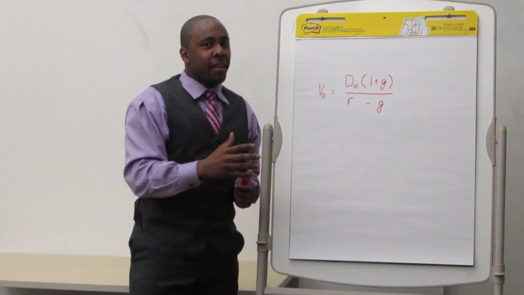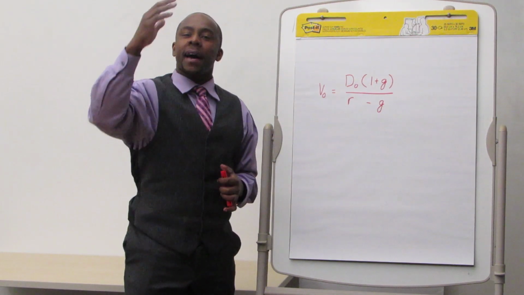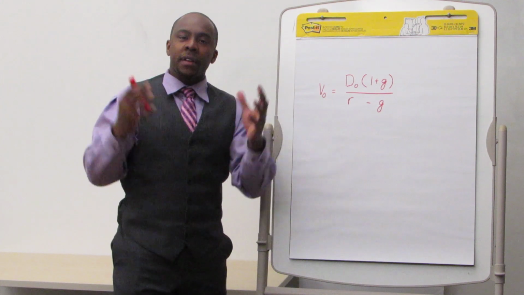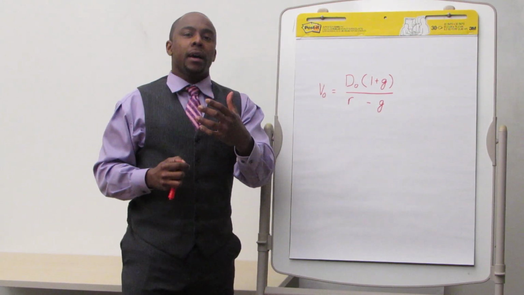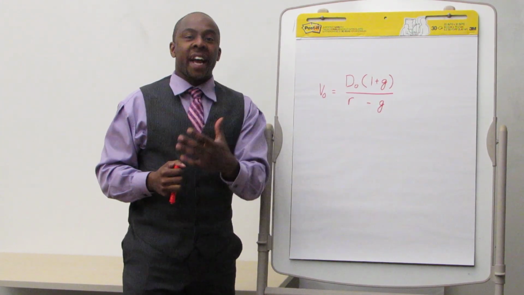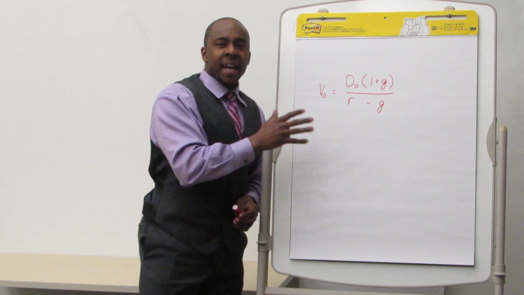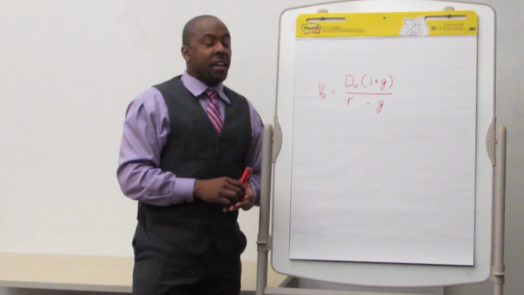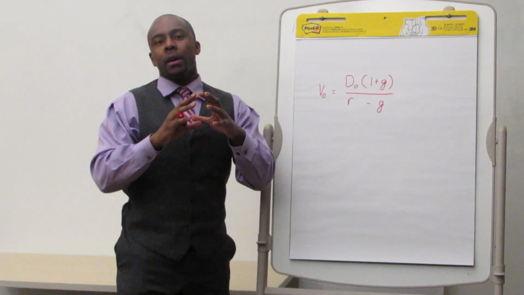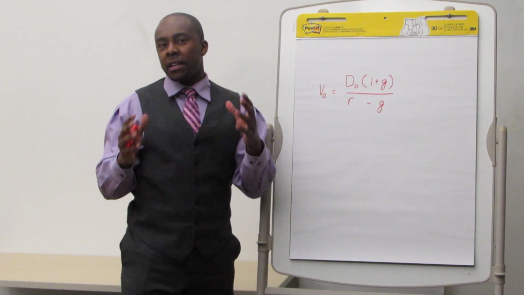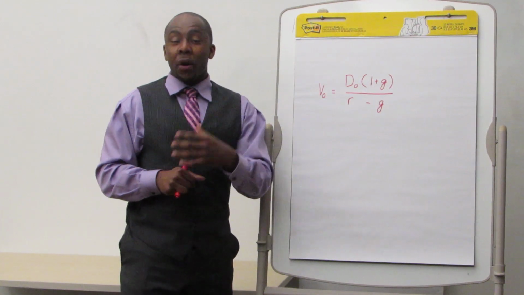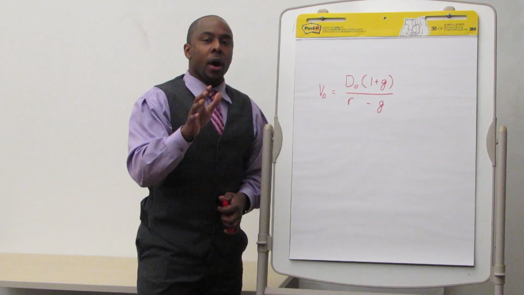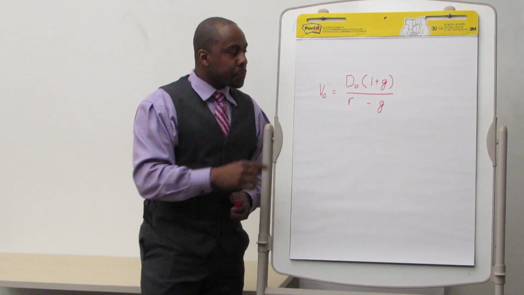For companies that don't have dividends, or dividends that are not very stable, or uncertainty surrounding the dividend, it might be in an industry that is undergoing a lot of change. This formula may not be applicable to that company, and if you do apply it, you might get an output that's completely different than what the actual intrinsic value of the stock is. So you just want to be aware of that when you're applying this formula.